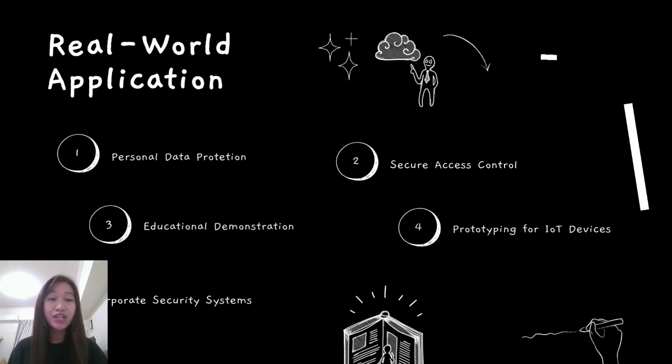Third, educational demonstration, serving as a practical example of integrating hardware and software to create secure systems in educational settings. Fourth, prototyping for IoT devices, acting as a foundation for developing secure IoT devices that require data protection. And then fifth, corporate security systems, implementing similar mechanisms in corporate environments to protect sensitive business information.